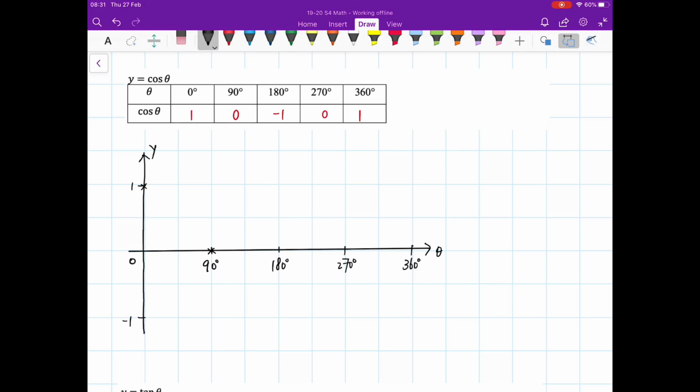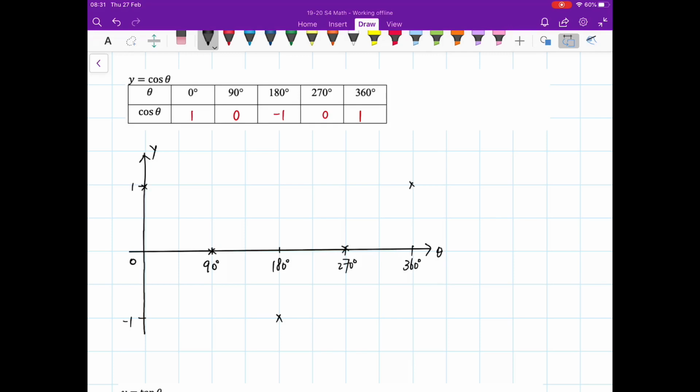And for 180 degree, cosine theta is equal to -1. And then so on. Again, we have to join all the points with a curve. Then we know that cosine theta will be like this.